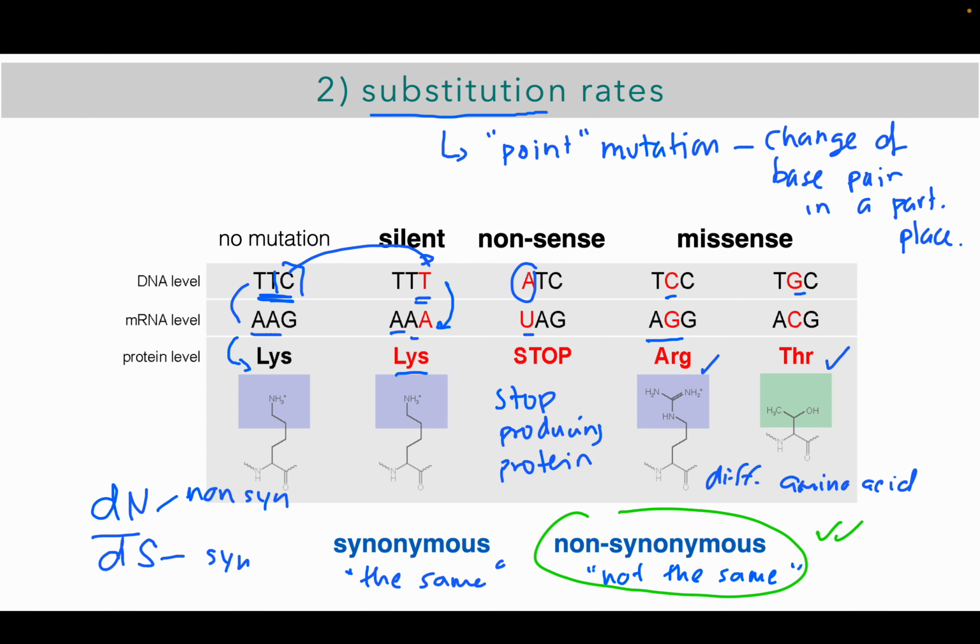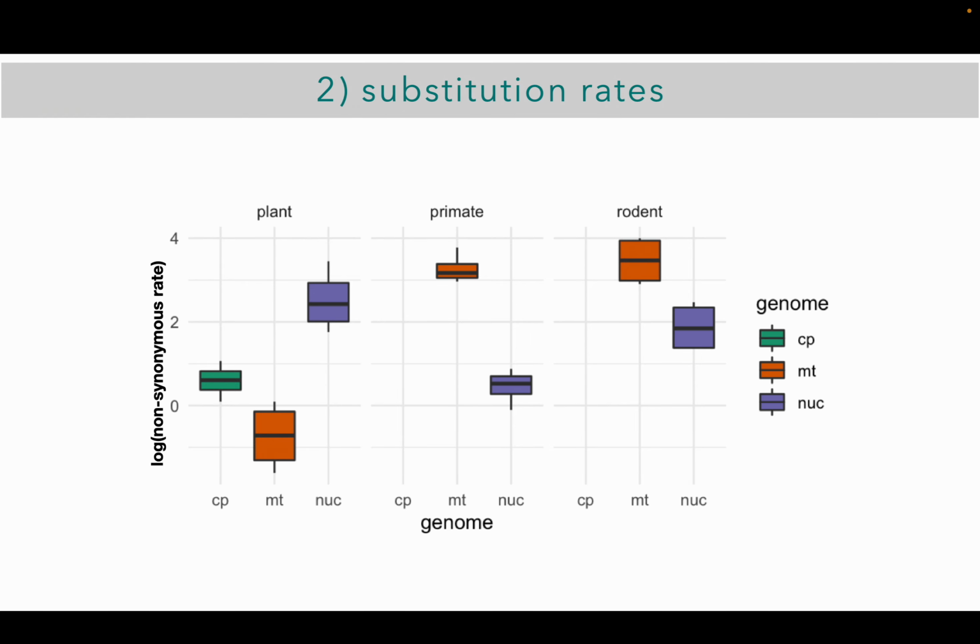If you take a molecular evolution class, which is not offered here, they will ask you to calculate this dN over dS. Not differential, just the rate. Because this is not such a class, I already calculated it for you. So this is the non-synonymous rate in plants, primate, and rodent.